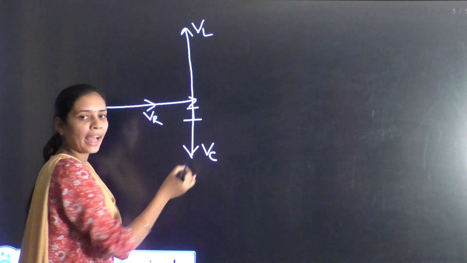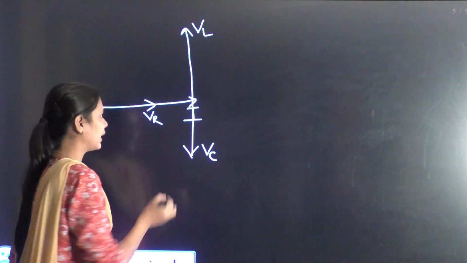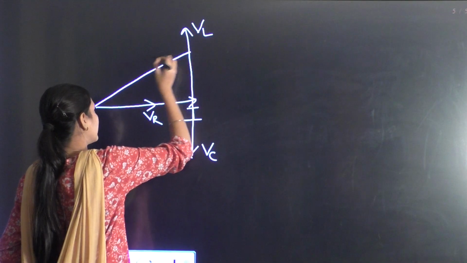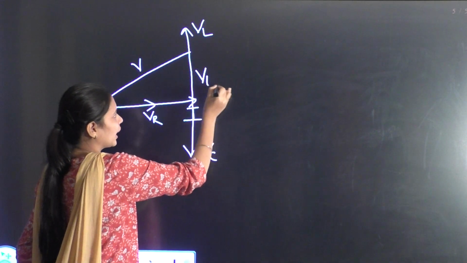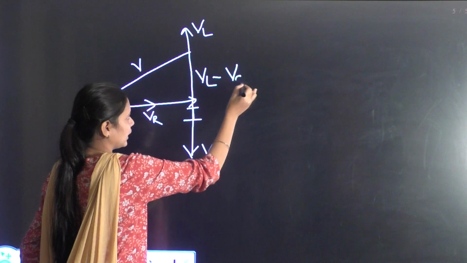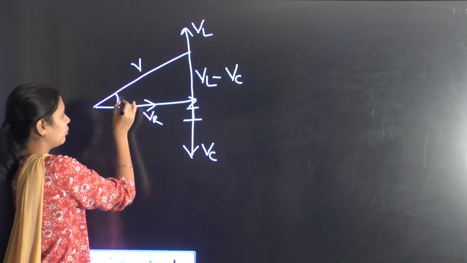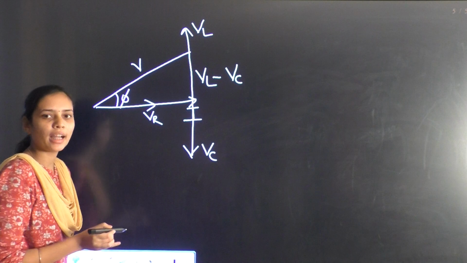VC will be lagging the current by an angle of 90 degrees. I will get the resultant voltage V here. This value will be VL minus VC, and this is the phase difference denoted by phi.